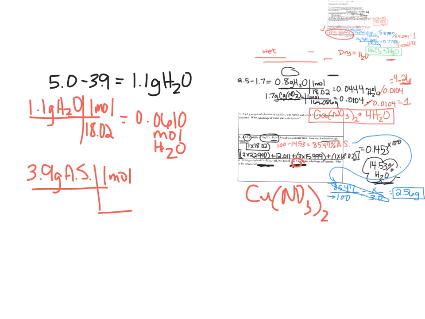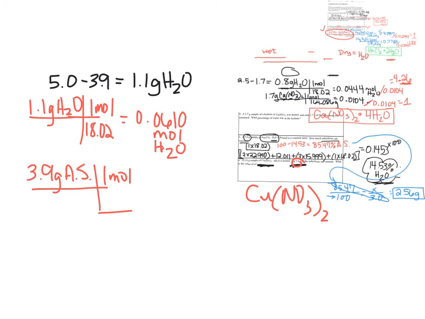So that means I'm adding together 1 copper, so 63.546, plus 2 nitrogens, plus 6 oxygens.